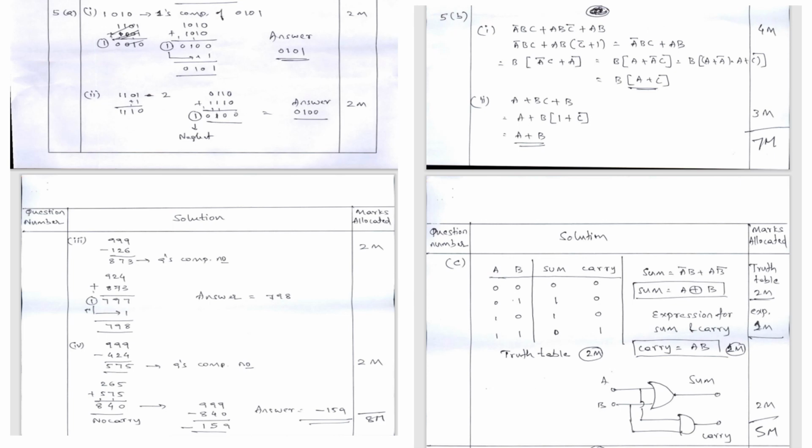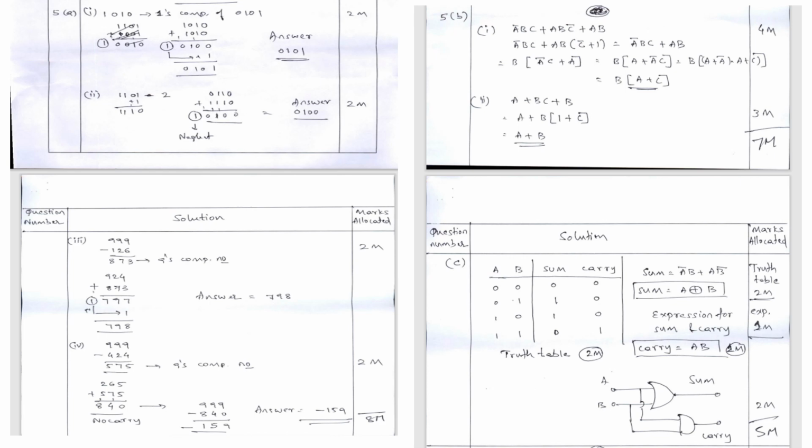And in the C question, you have to perform the half adder. So for the half adder circuit, you have 2 inputs, and you determine the sum and carry. You will determine how the half adder is performed using a truth table, that is A, B, sum and carry.